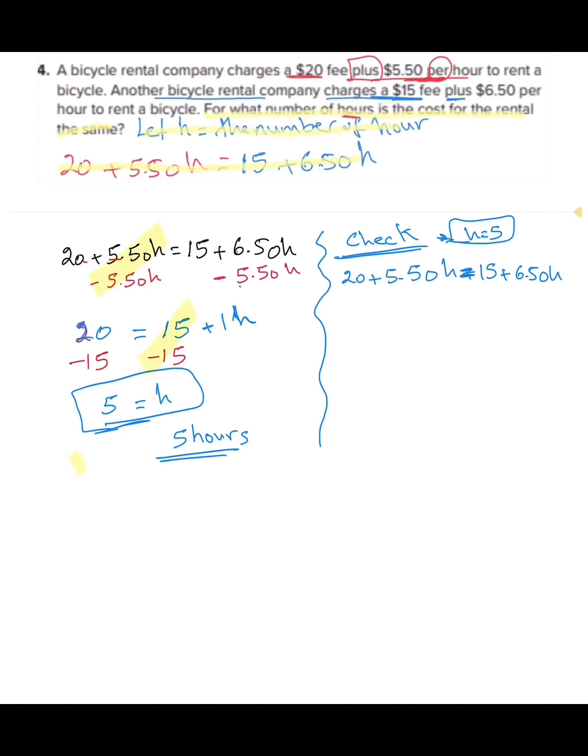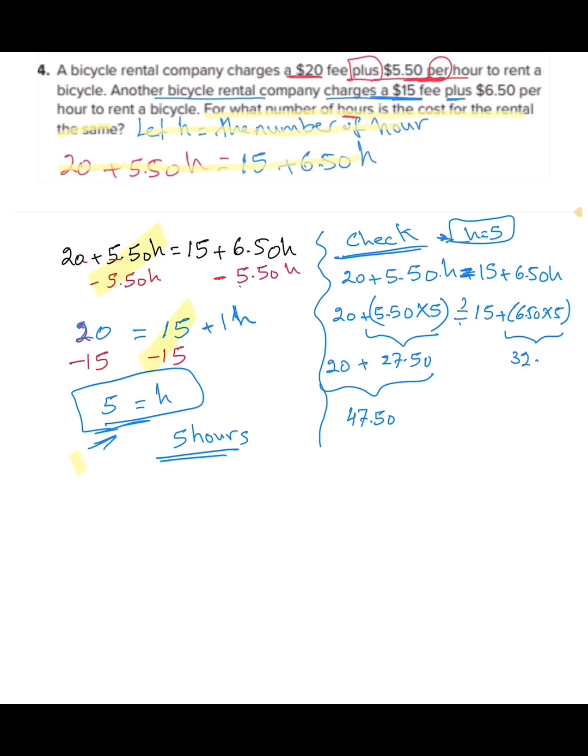From where do we take h equals 5? From the answer. Let's see, 20 plus 5.50 times 5 equals 15 plus 6.50 times 5. 5.50 times 5 is 27.5, plus 20, so the first side equals 47.50. Now the second side: 6.50 times 5 is 32.50.